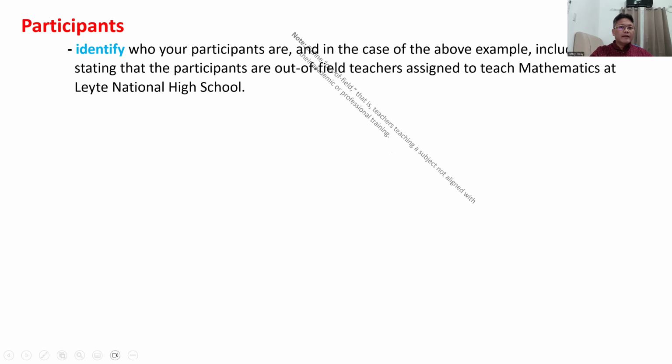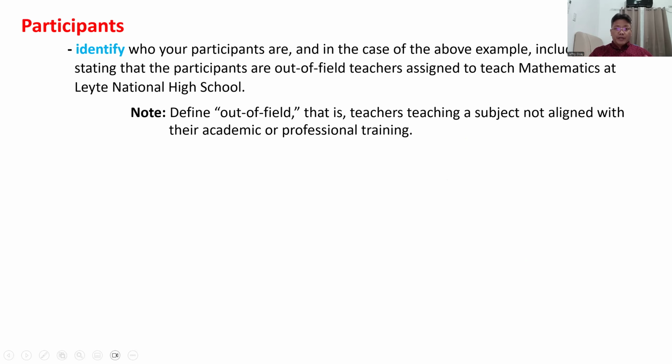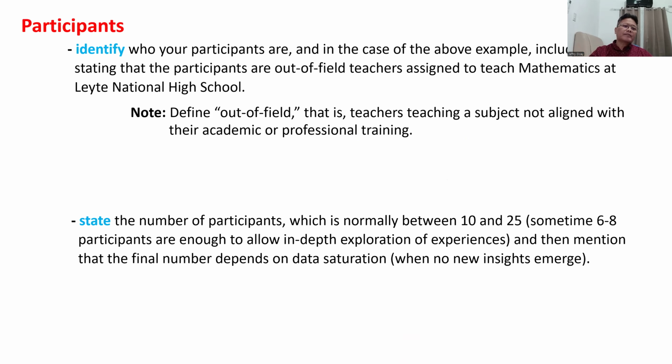And then after that, please take note that you need to define out of field because this is a nuanced term, so that non-specialists in the field can easily understand this concept. So briefly define what out of field means, in this case.